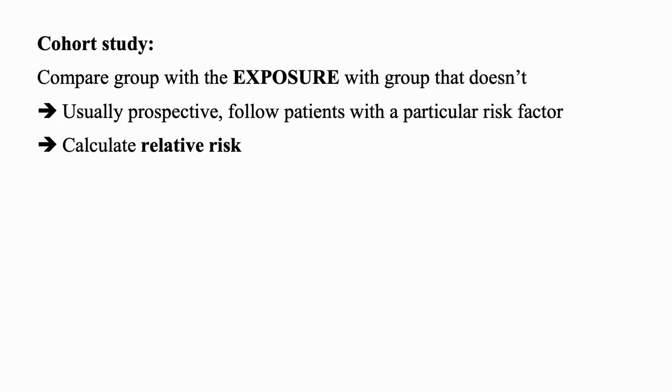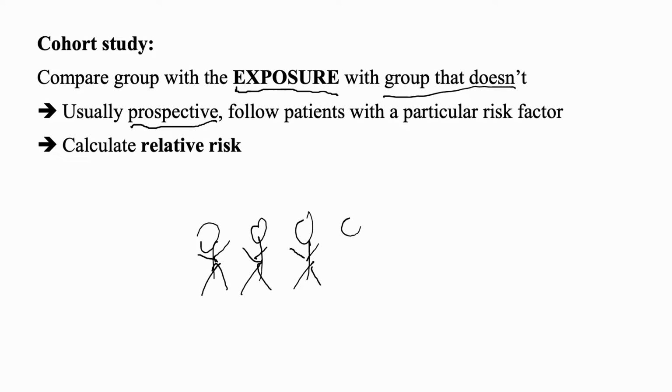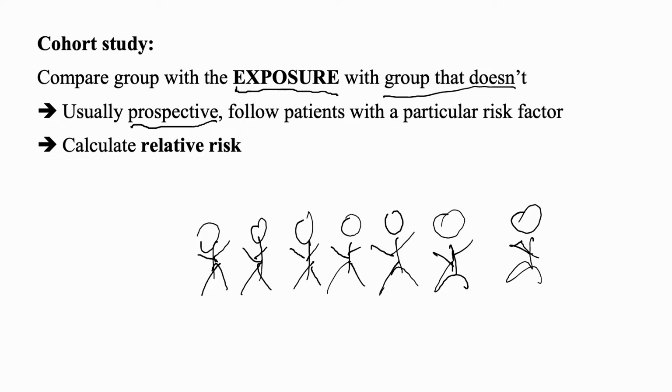On the other hand, let's talk about a cohort study. With a cohort study, you'll compare a group that has an exposure with the group that doesn't have the exposure. Usually a cohort study will be prospective. If you think about a cohort of students, say you have 10 students. I know you get to watch me draw these beautiful stick figures. Maybe I can draw them like this.